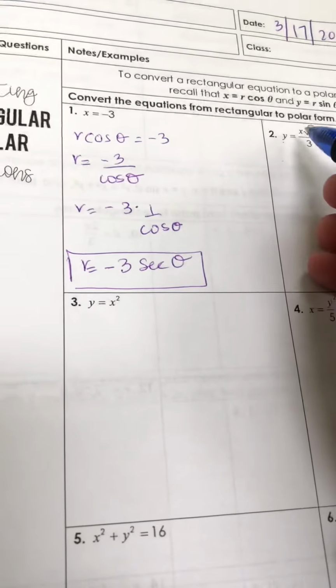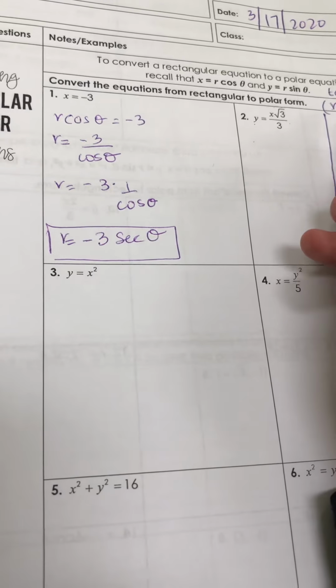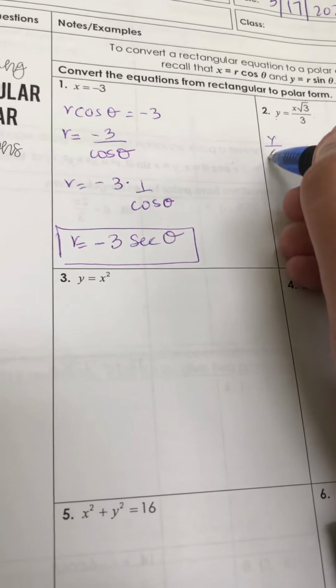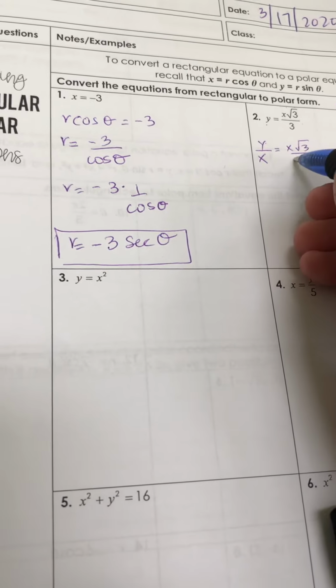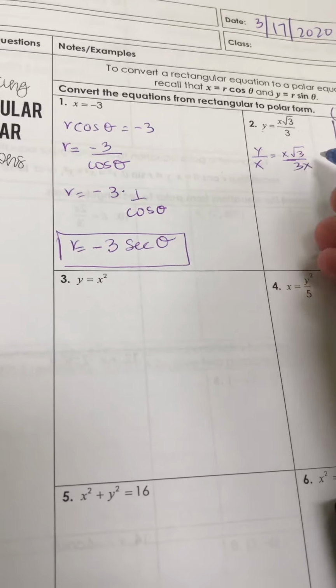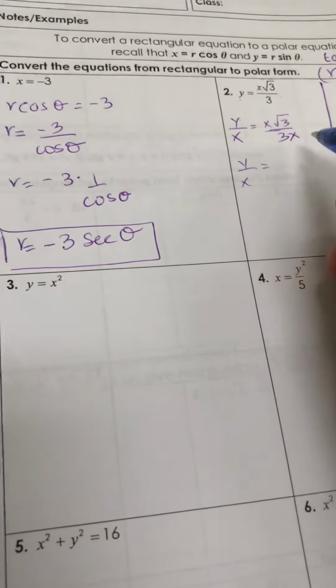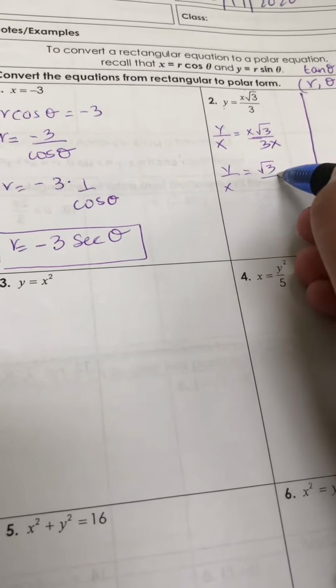So I divide both sides by x. When I divide both sides by x, I get y over x equals x square root 3 over 3 divided by x. Now I get y over x equals, x and x cancel out, square root 3 over 3.